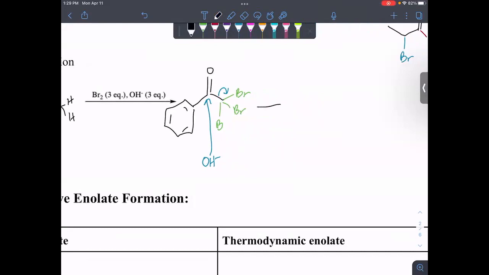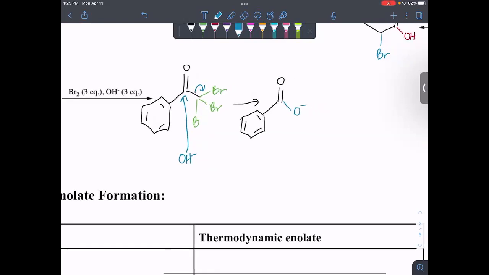So your final products, like I said, are your carboxylate from where the OH minus attacked, and then your haloform, which looks like this.